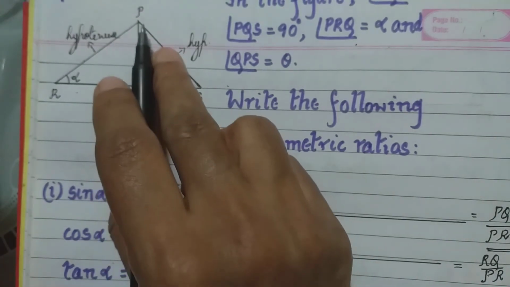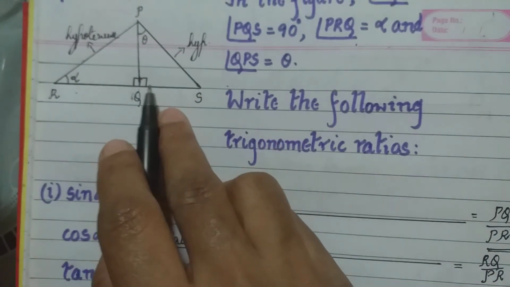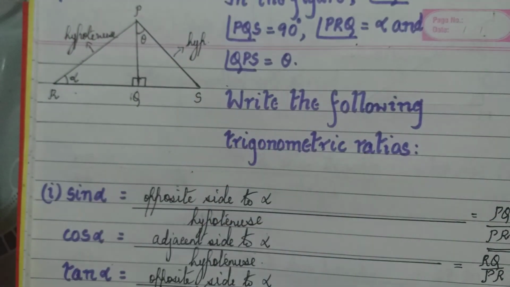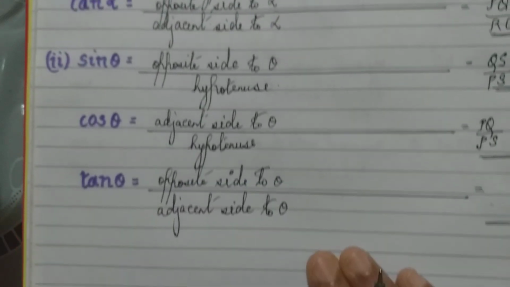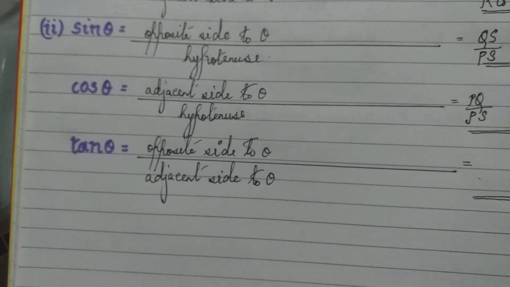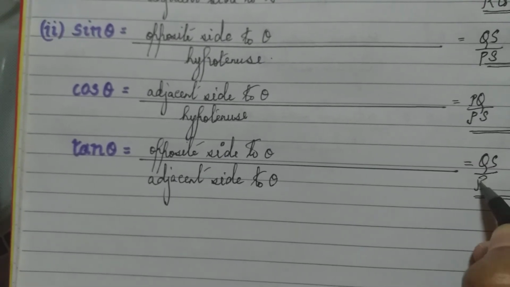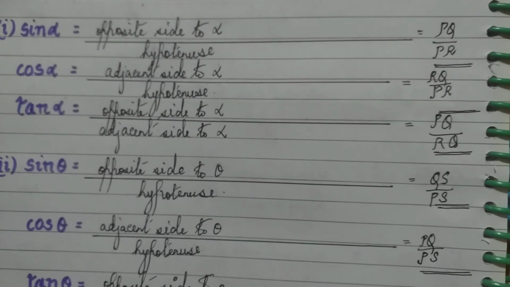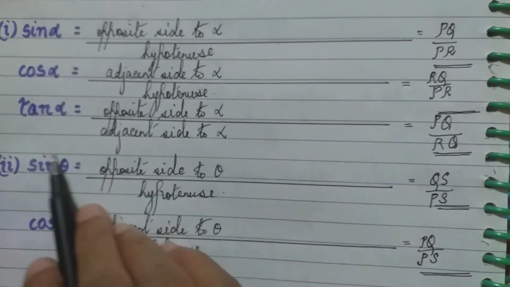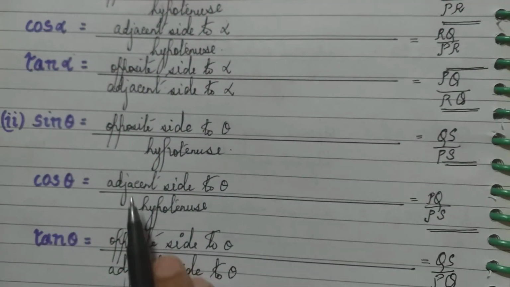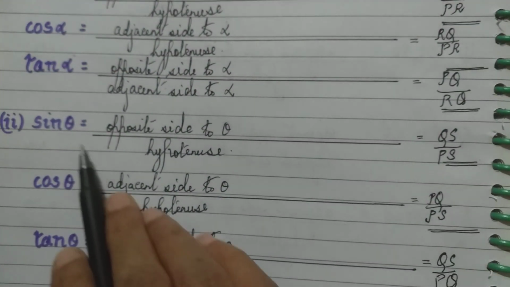Adjacent side will be PQ. So QS upon PQ. So we write here QS upon PQ. So we have got all the 6 trigonometric ratios, 3 with the angle alpha and 3 with the angle theta.